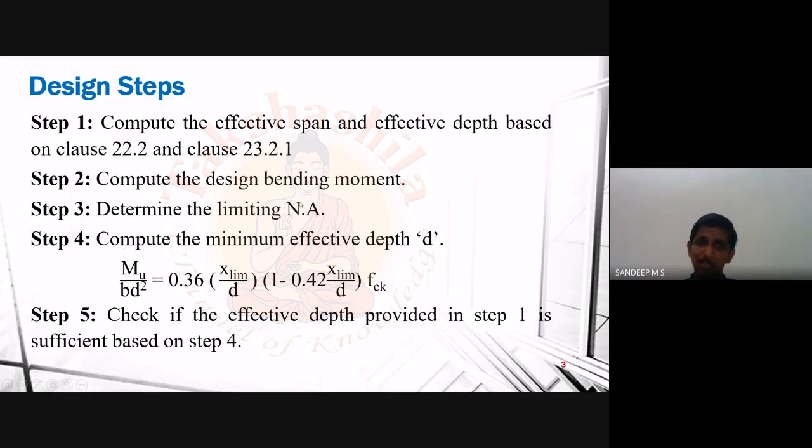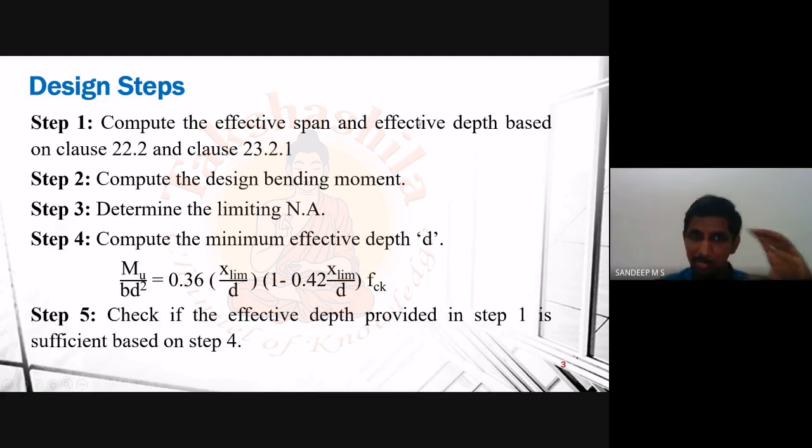Okay, so once you have the limiting value of X limit by D, what you can do is take the equation for your balanced section and compute the minimum effective depth. So minimum effective depth can be recomputed, so here we have a minimum effective depth. Please note, here we have an effective depth, but we don't know whether that effective depth will be sufficient or not.